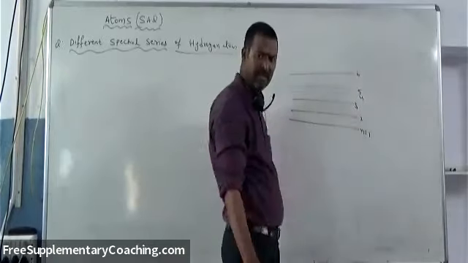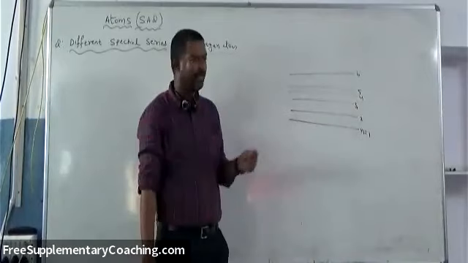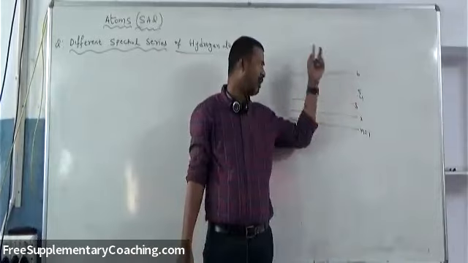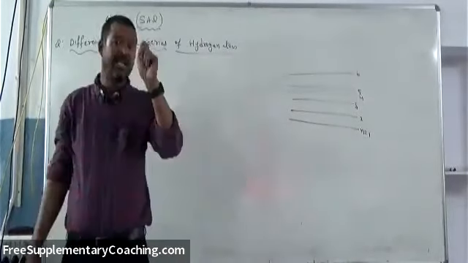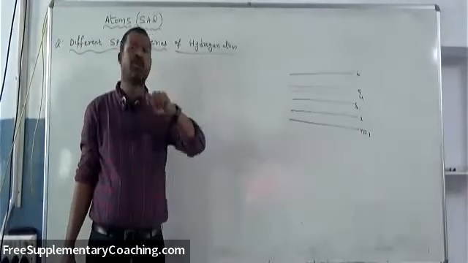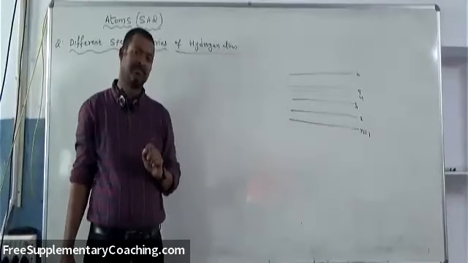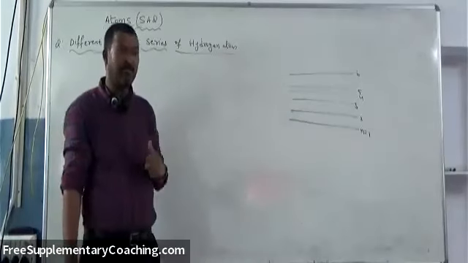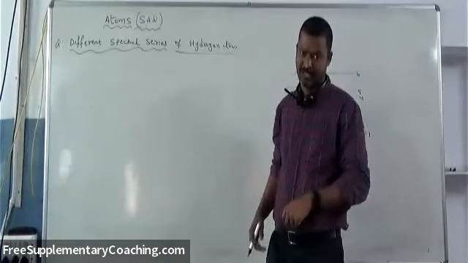The first level we call the ground state, the second level the first excited state, and the remaining ones the other excited states. Whenever an electron makes a transition from a higher excited state to a lower energy level, it emits radiation.